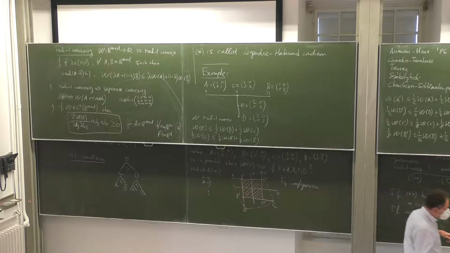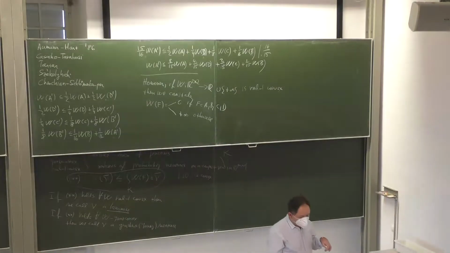So the same story, like you have for convex functions, sort of Hahn-Banach theorem, extreme points, and so on. You can play this game for these other notions of convexity in a more general setting. And this is also related to Choquet theory and boundary integrals and so on, but it's quite complicated.